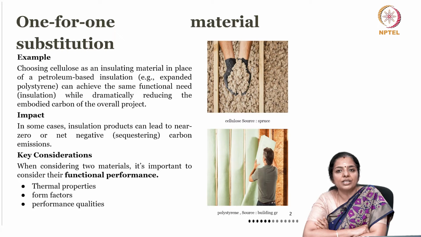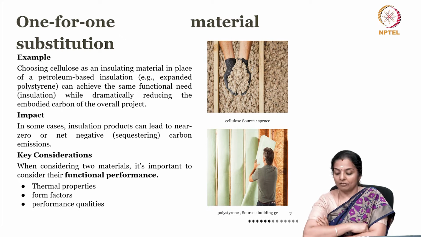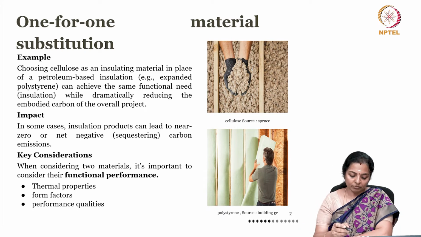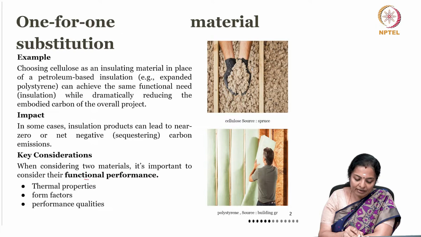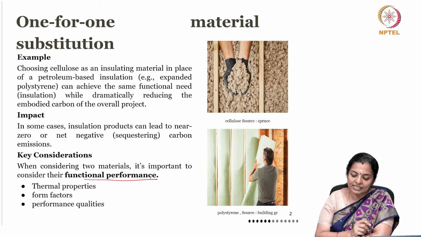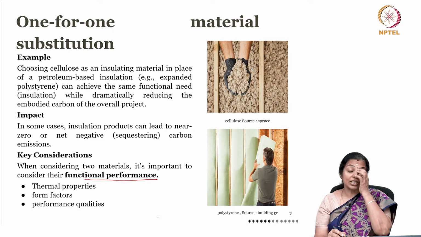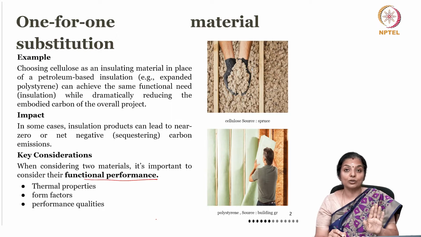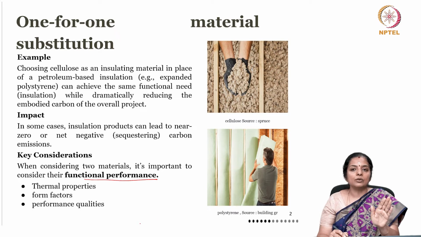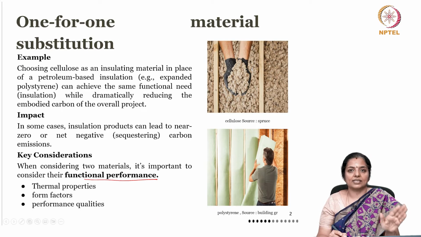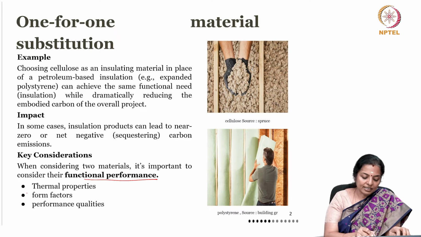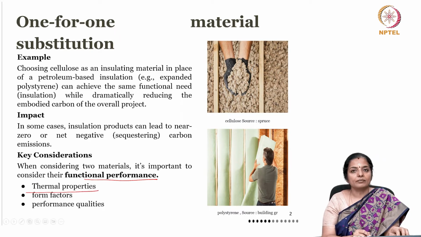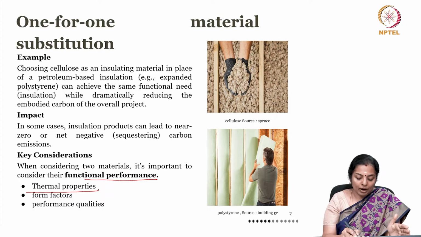So, key considerations when considering two materials, it's important to consider, first, functional performance, whether it satisfies and does the same function. Okay, if it is insulation, does it insulate to the same extent? Its thermal properties. So, how is its thermal property?